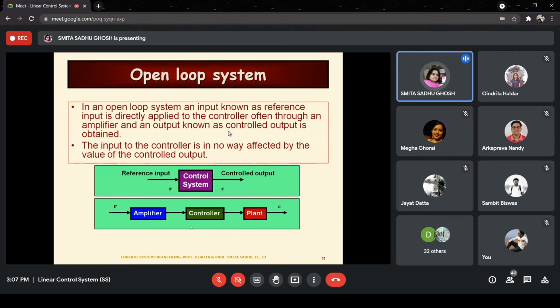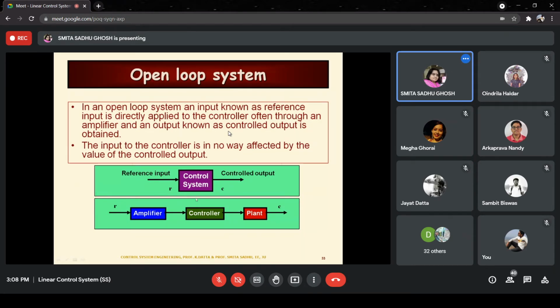In the top diagram, you find this whole block written as control system, and within this control system you would be having your plant, your controller, amplifier, or any other component that you may be having in the system, all taken together within this block, that is control system, right?